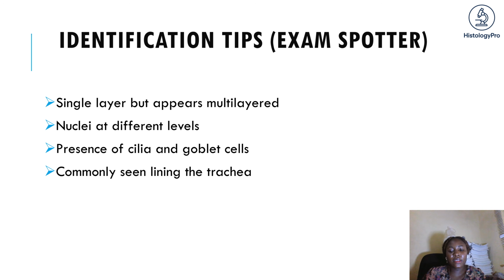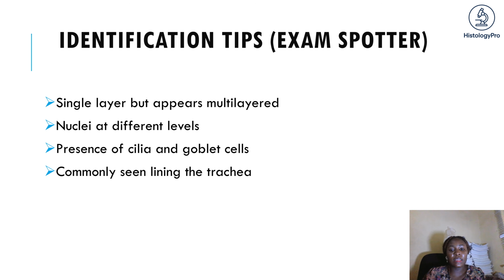Now, here are identification tips that can help you in your exam practical or in your practical class. To identify this epithelium in a histology section, look for nuclei at different levels, cilia on the apical surface, and goblet cells mixed in between the columnar cells.